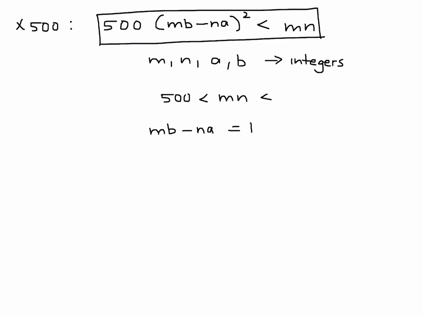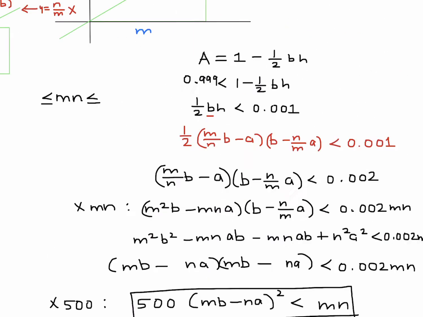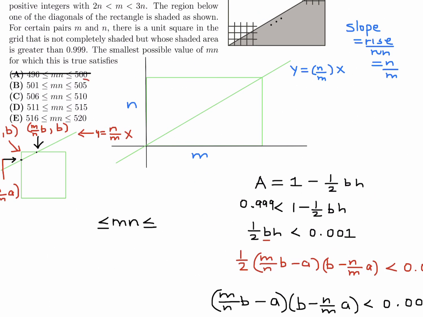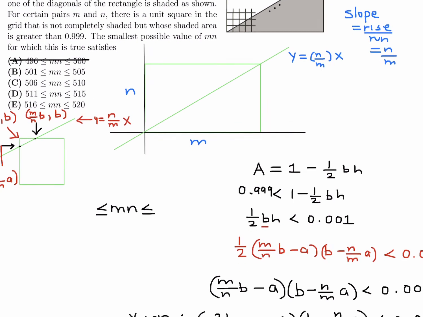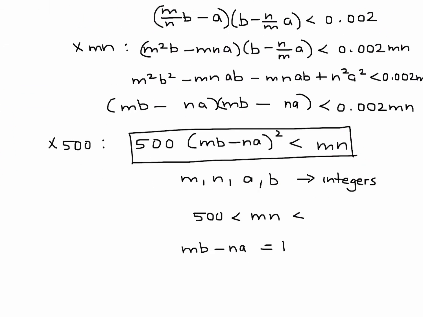Its lower boundary is obviously 500. It's got to be greater than 500 because that's positive. But what about its upper boundary? What is it less than? Well, my answer choices tell me that it's anywhere between 505 and 520. Okay, so that is my sort of range. Okay, no problem.